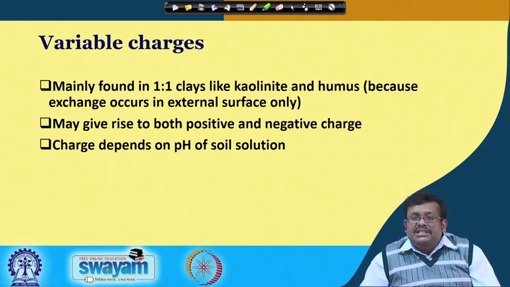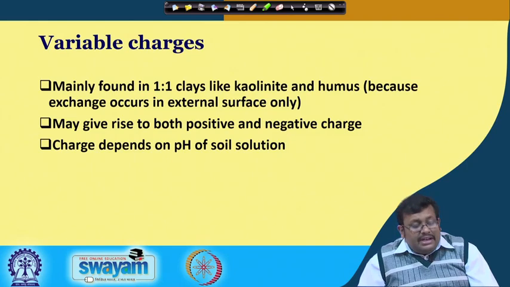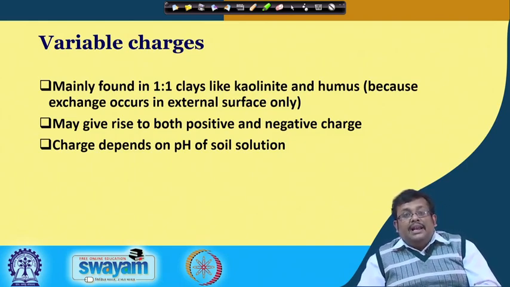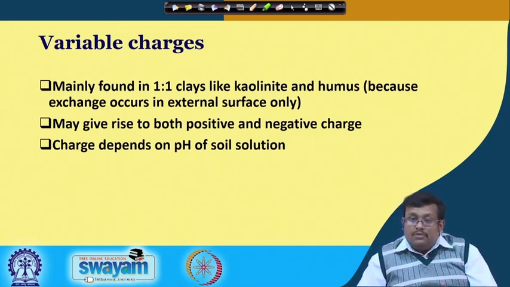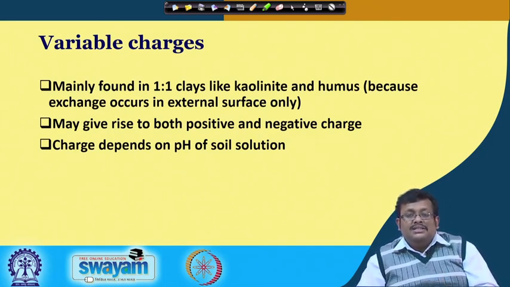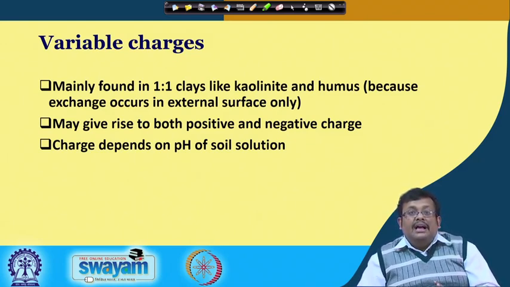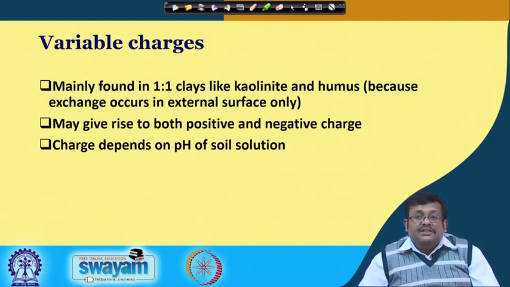Now, what is variable charge or pH dependent charge? It is mainly found within 1:1 type clays like kaolinite and humus. Remember that humus is the organic colloid, and it is one of the major components of soil. These 1:1 type clays, kaolinite and humus, show variable charge because exchange occurs on the external surfaces only.